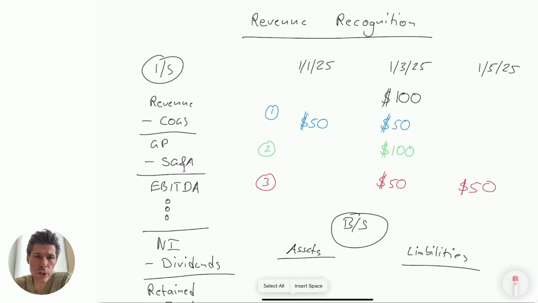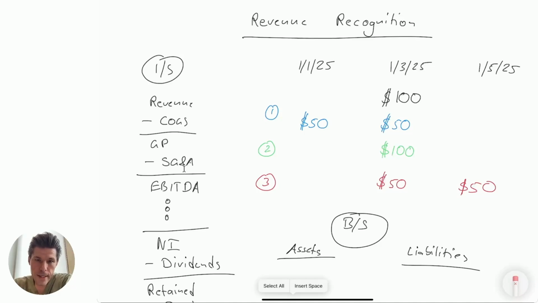There is a more technical term just for sake of completeness. So under IFRS and US GAAP, the standards say that revenue should be recognized to depict the transfer of promised goods or services to customers in an amount that reflects the consideration to which the entity expects to be entitled in an exchange for those goods or services.